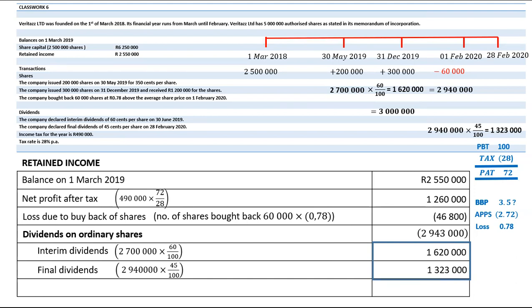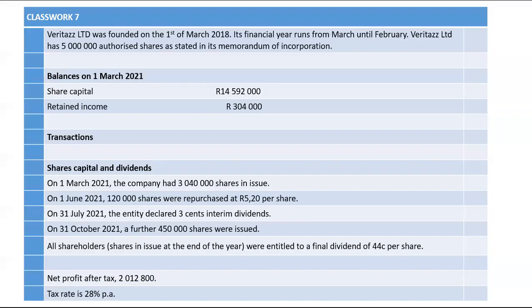Now, take your opening retained income of 2,550,000, add 1,260,000, minus 46,800, minus 2,943,000. It'll give you your retained income at the end of the year, which will be 820,200. And that'll be it. That 1,323,000, I will record it in my trade and other payables.